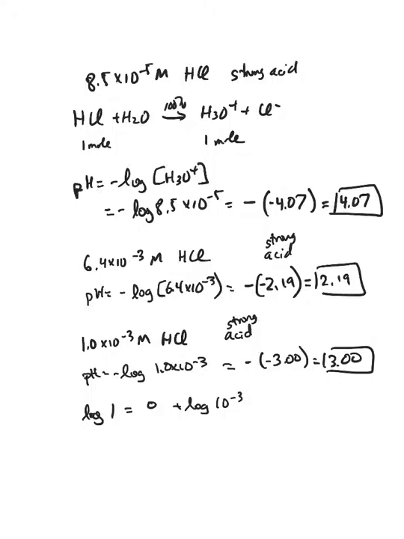Logarithms refer to what that exponent is for the power of 10, so the log of 10 to the minus 3 is simply minus 3. So log of 1 is 0 plus the log of 10 to the minus 3 is minus 3, so you get minus 3. And so if you've got 1.0 times 10 raised to some power, it's just that power that becomes the pH when you take the negative of that.